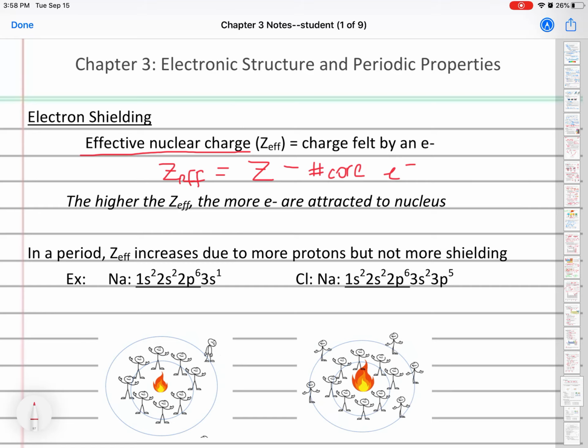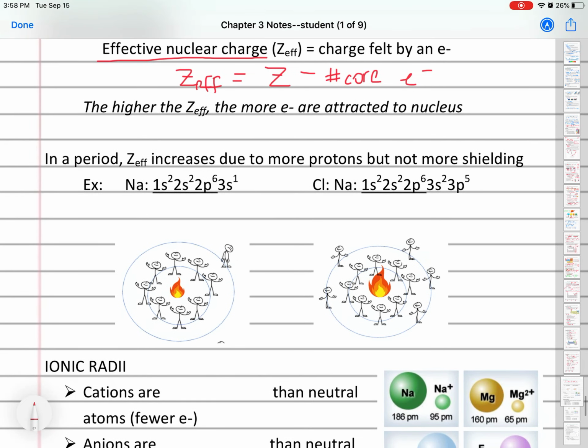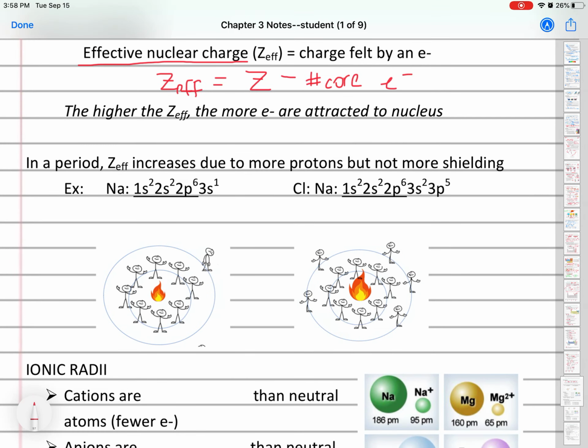Okay? So the higher that effective nuclear charge, the more electrons are attracted to the nucleus, and the tighter the size will be. The tighter it will hold on to those electrons. So as we move from left to right, you can see that the effective nuclear charge goes up. So for sodium, which is in period 3, the third row.